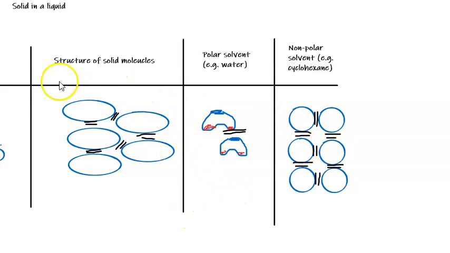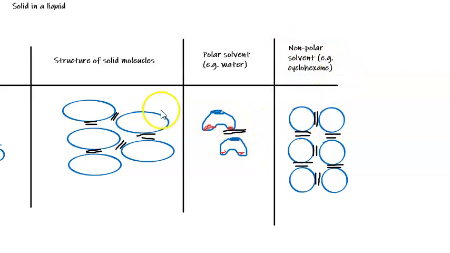The answer is the same as the like dissolves in like idea that we used before. So the non-polar molecule will not dissolve in water, whereas it will dissolve in cyclohexane, which is a non-polar solvent.